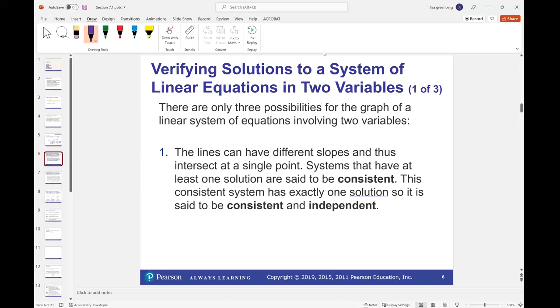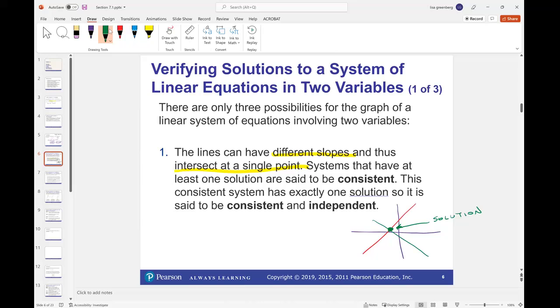Either the lines have different slopes and they intersect at one place, okay? So for example, we have two lines. Let's say one of them looks like that and the other one looks like that. Right here, where that meets, that is called the solution. So that's a solution to this system. These are consistent.